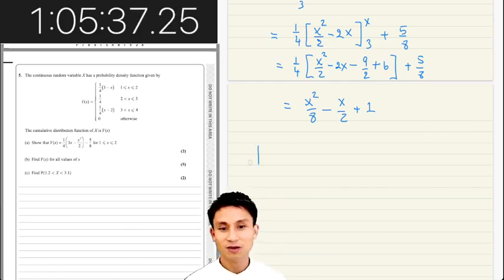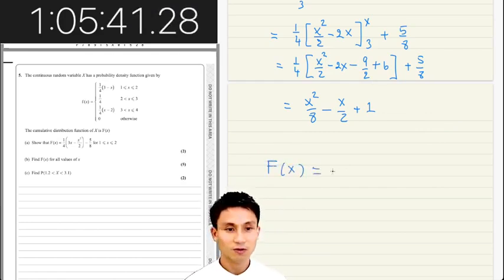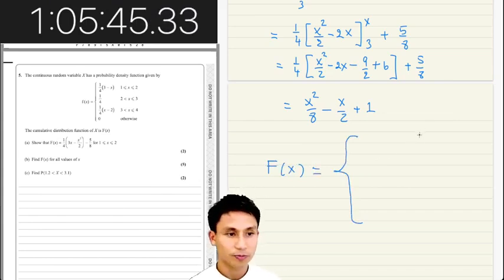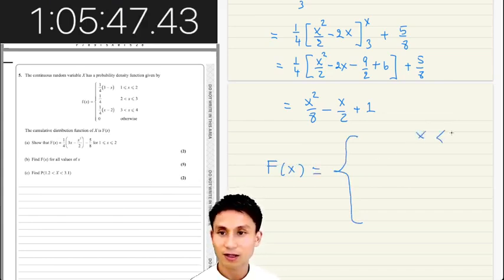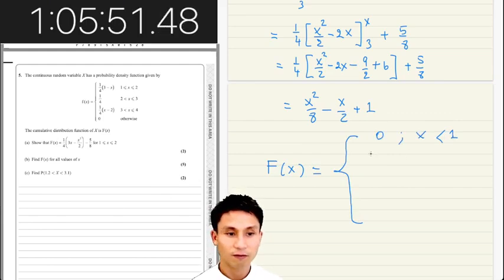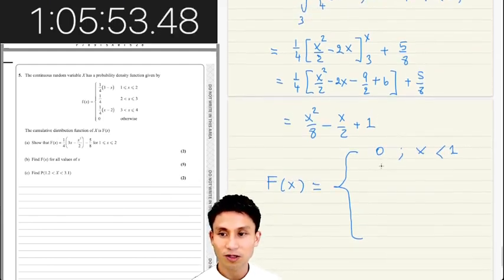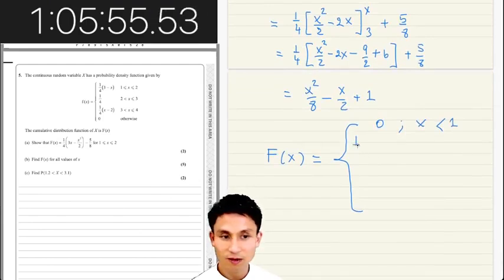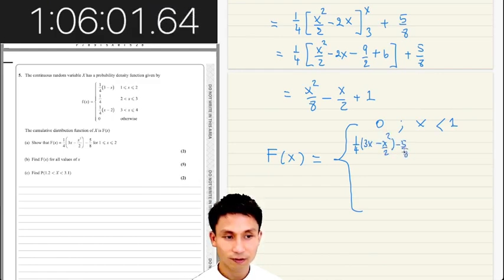That means we should write out fully the f(x). So for x less than 1 here, we get 0, okay? For x from 1 to 2, that would be that function there that they just want us to prove.